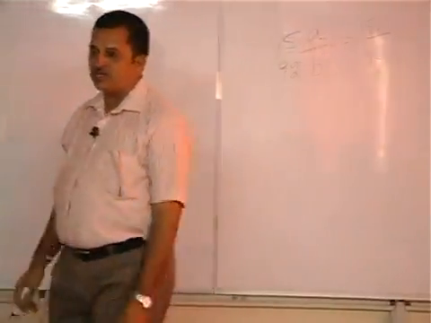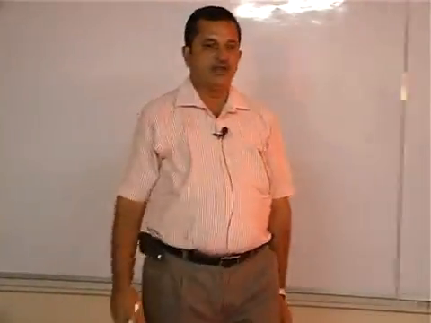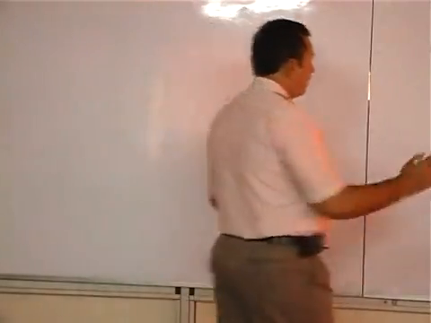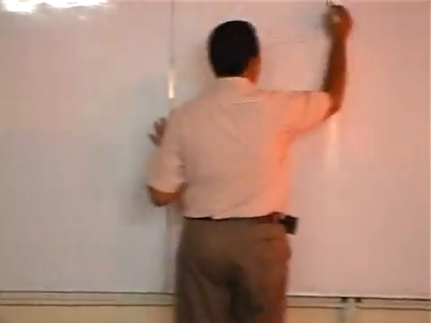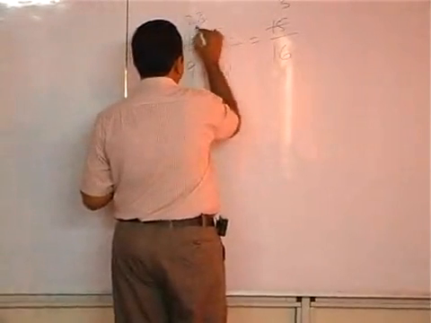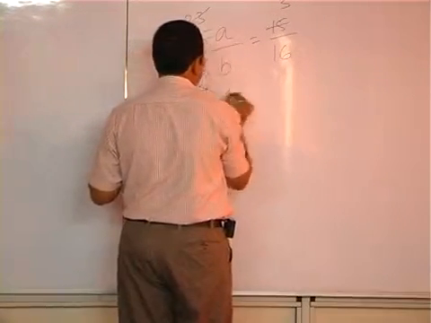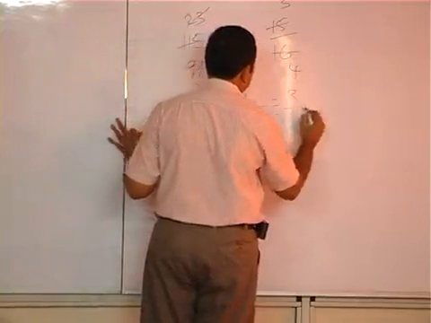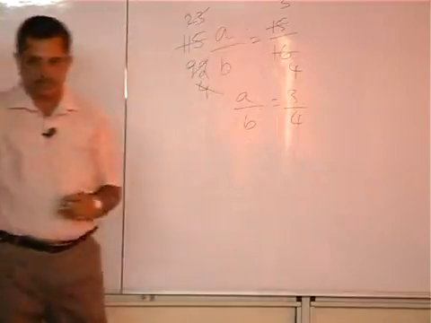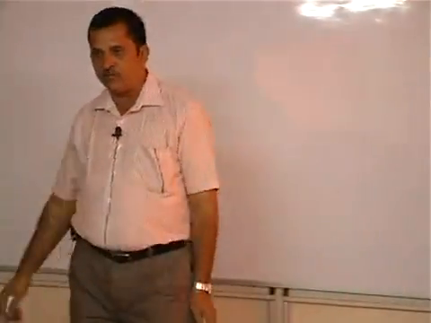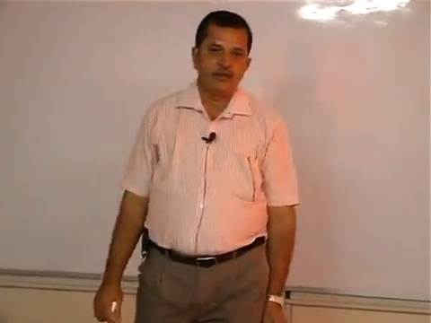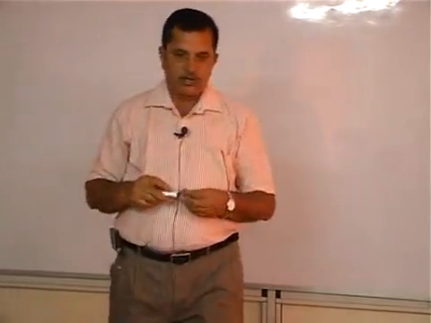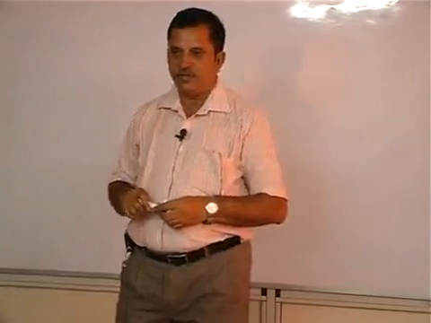Find the original fraction means you will have to find a by b. 5 3s, 5 23s, 23 4s, 4 4s. A by b is equal to 3 by 4. The original fraction is 3 by 4.